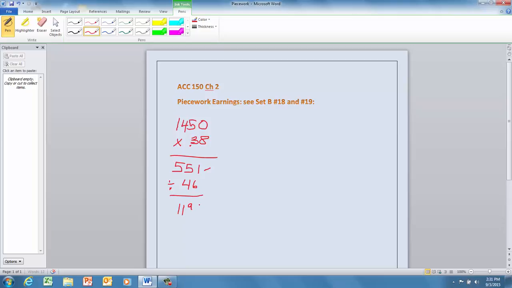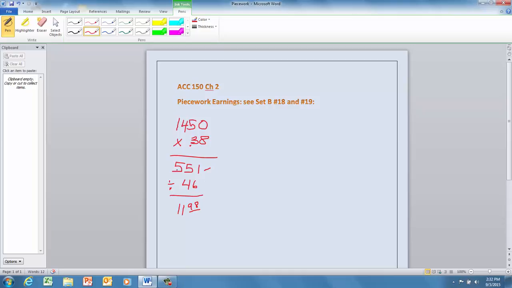per hour. Now this is one of those situations when we go to do overtime, because we divided by the 46, we have to do the premium approach to overtime. And so his regular rate of pay is $11.98.